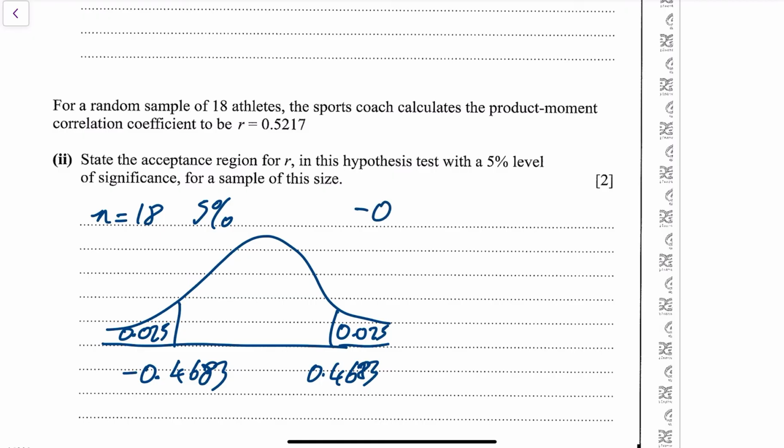And that is my acceptance region, the good bit. It's not the extreme bits, it's the bits in between. So we just put those in; we want this area in between. If it's between minus 0.4683 and the positive version, we would accept.